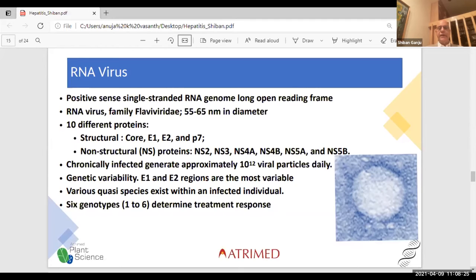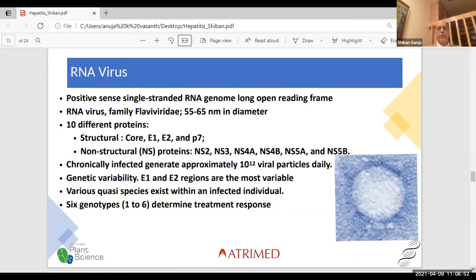And genetic variability happens, as you have noticed in the newspapers, how the COVID virus is also mutating. So all viruses mutate. They mutate every day. When you have production of 10 billion virus particles every day, you can imagine the variability that happens with each replication.